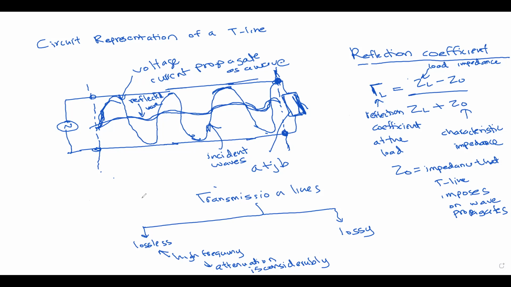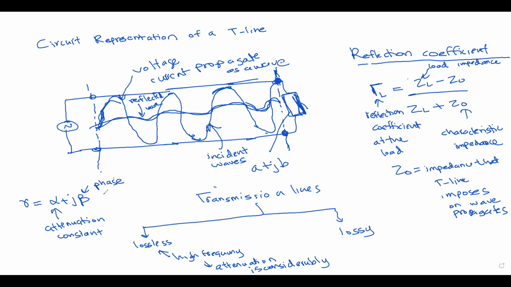So apart from that, once we are considering the attenuation aspect of the transmission line, we have basically a constant that we call the propagation constant, which we denote using gamma. Right? Gamma is equal to alpha plus j beta. Right? So alpha is known as the attenuation constant, and beta is known as the phase constant.